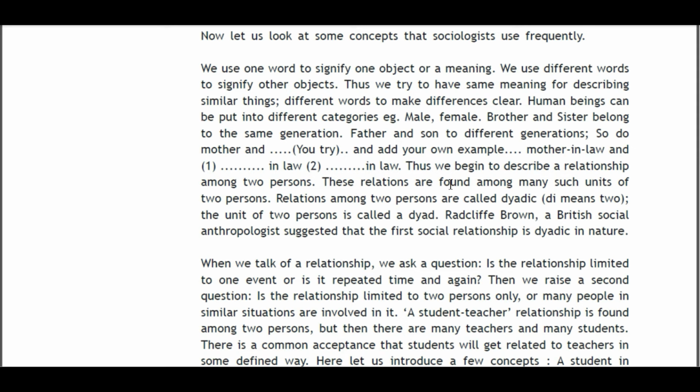These relationships are found among many such units of two persons. Relations among two persons are called dyadic. Dy means two. The unit of two persons is called a dyad.